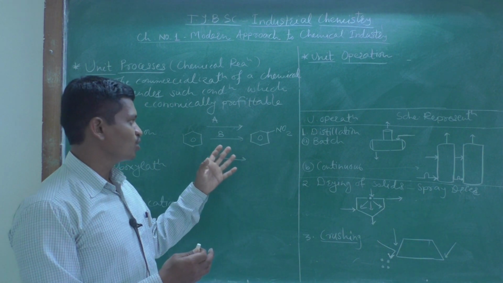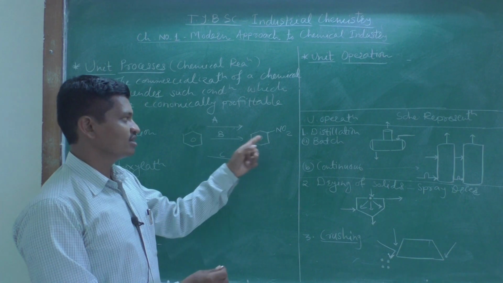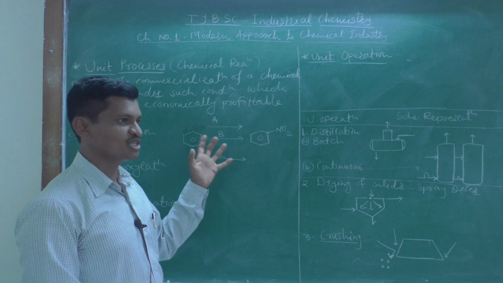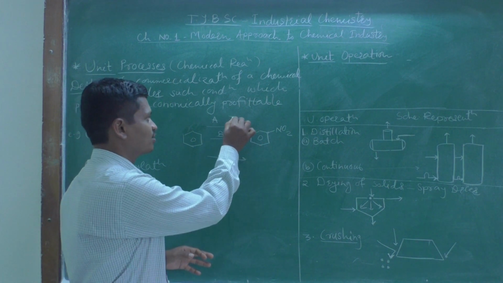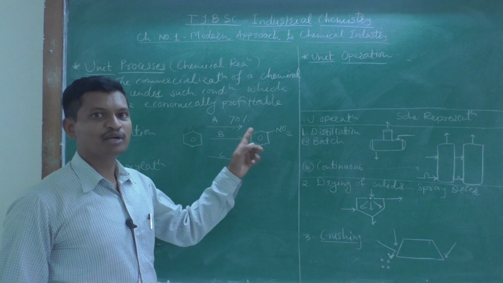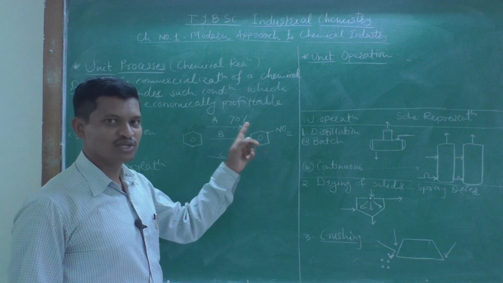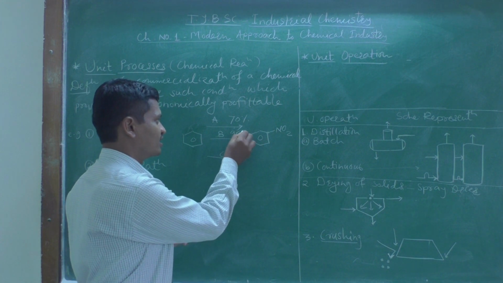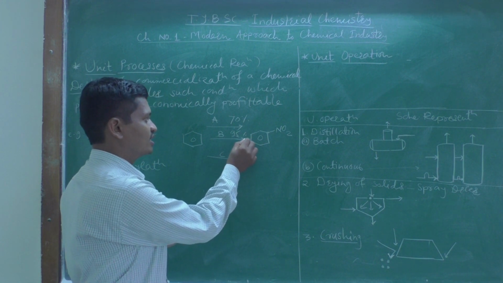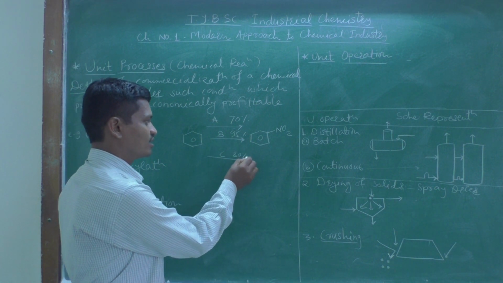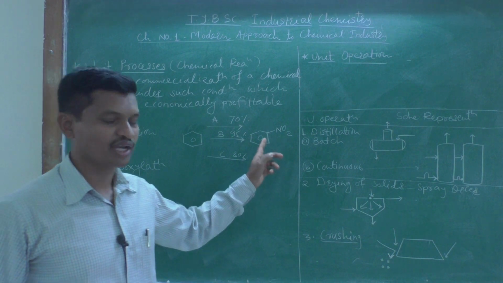Method A gives a percent yield of this process of only 70%. Method B, conversion of benzene into nitrobenzene, gives us 95% yield, and method C gives 80% yield of the nitrobenzene.